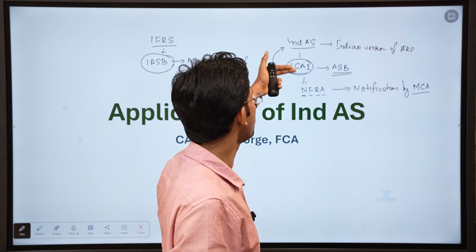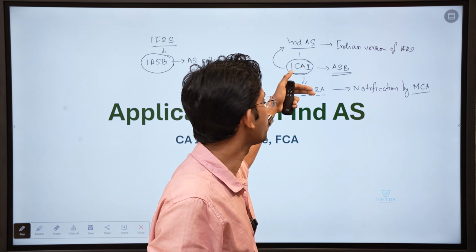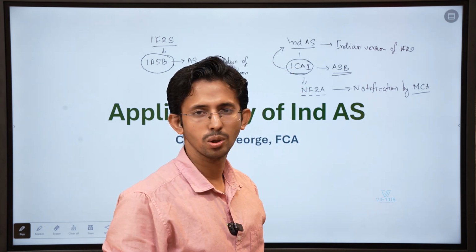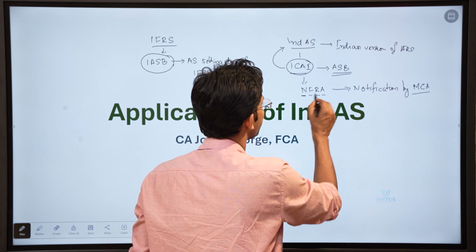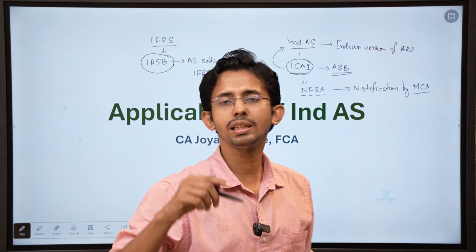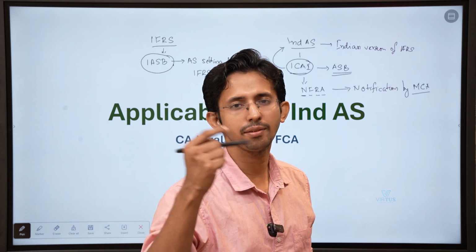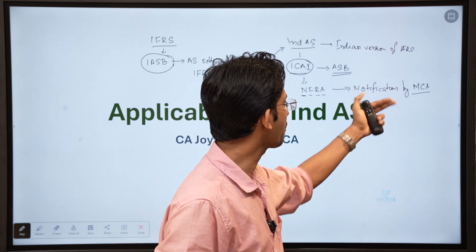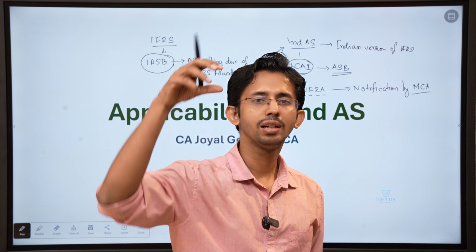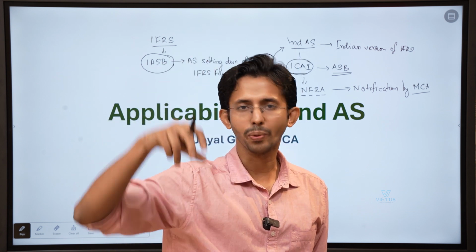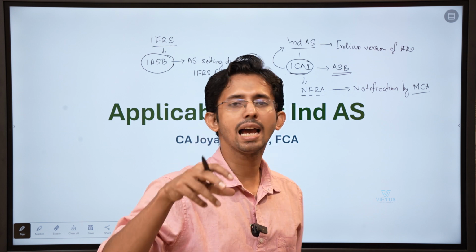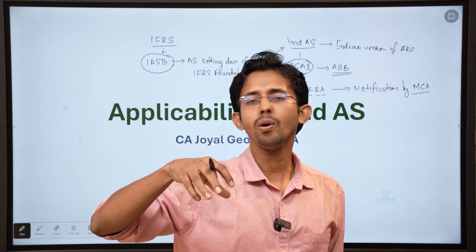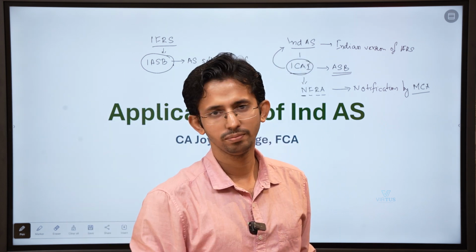Once it is issued by ICAI, it should be approved by whom? NFRA, the National Financial Reporting Authority. And once it is approved by NFRA, it goes to the consideration of the Ministry of Corporate Affairs, which, by virtue of Section 133 of the Companies Act, will issue a notification making these standards mandatory for certain companies to follow.